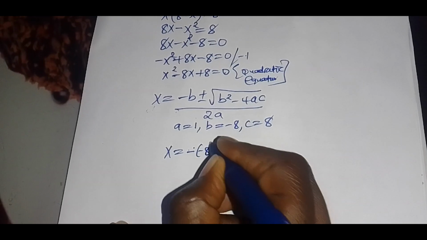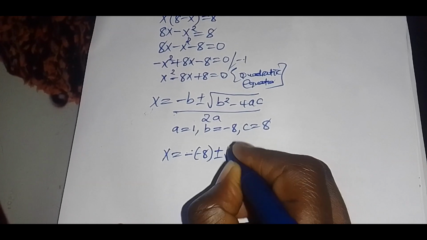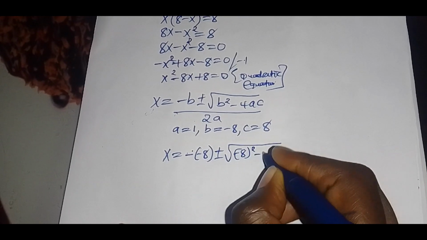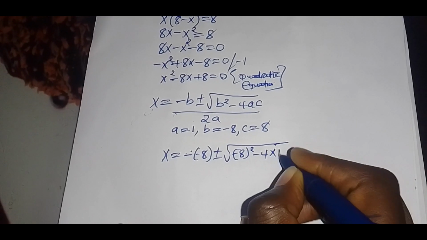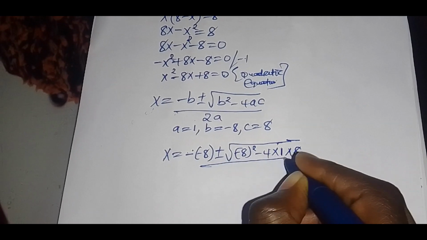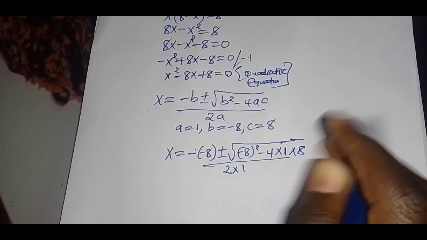It's a matter of substituting, so that x is equal to minus negative 8 plus or minus the square root of negative 8 squared minus 4 times 1 times c. Our c is 8, and we divide everything by 2 times 1.